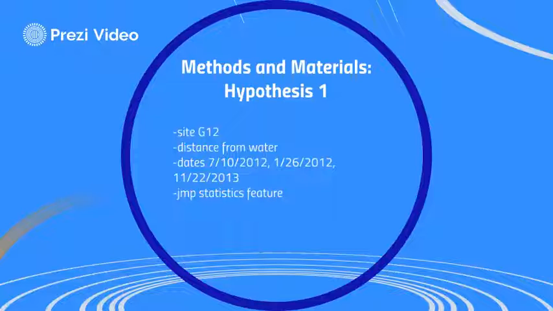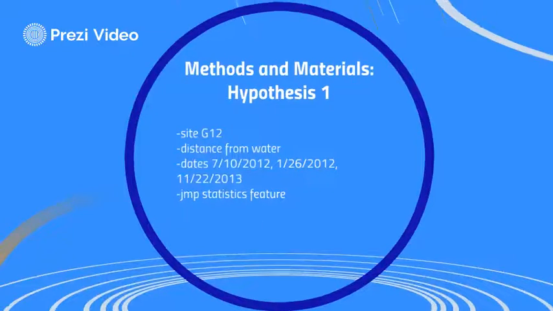And then we wanted to look at a couple dates. We didn't really want to pick up any patterns from summer and winter migration, so they're pretty random dates. We chose 7/10/2012, 1/26/2012, and 11/22/2013. We did use the JMP statistics feature in order to compare the data.